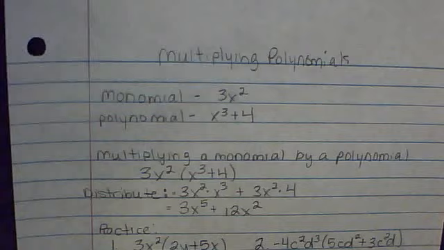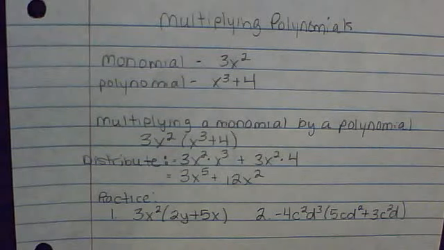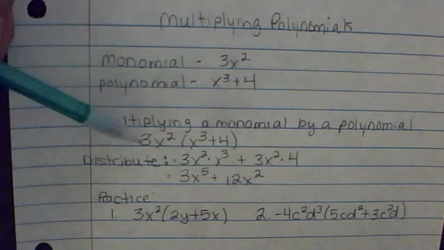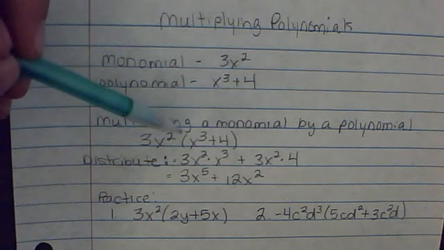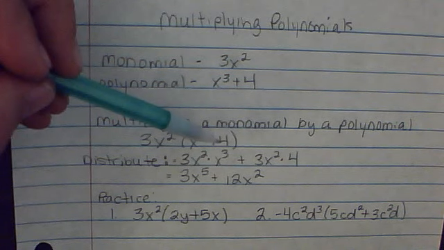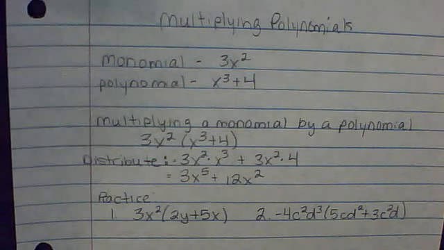Okay, so if I'm going to multiply together these monomials and polynomials, I've first given you an example here of multiplying these two, 3x squared times x cubed plus 4. And all you're going to be doing is distributing, just like you would in any kind of algebra problem.